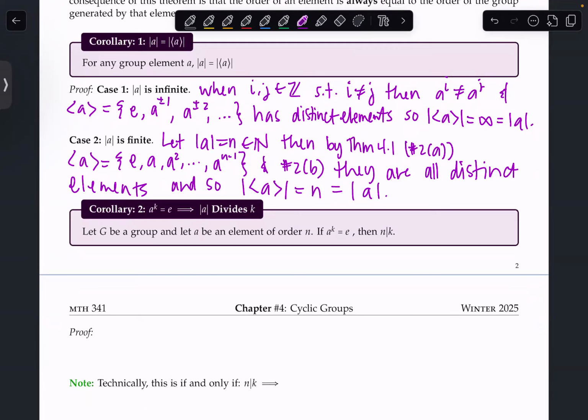I can now say that whatever my order is, it has to divide the number k. So all I have to do now is study the divisors of k, and these are the only possibilities that I have for my order if I know A to the k gives me the identity. So it cuts down my list by a good amount. And again, I can think of this as saying k is a multiple of n, or we can say n is a factor of k.